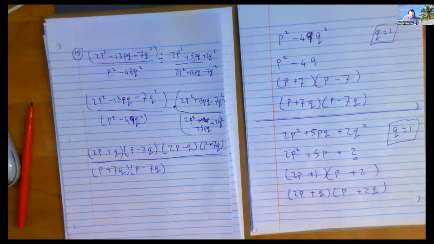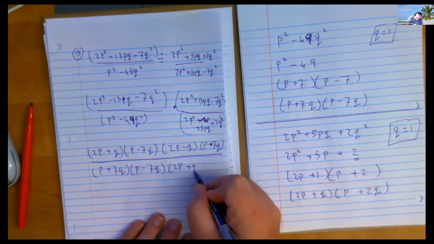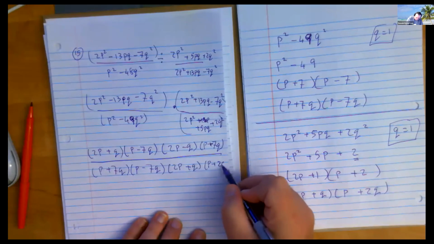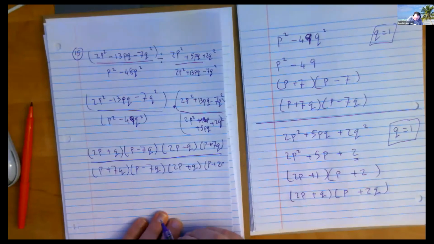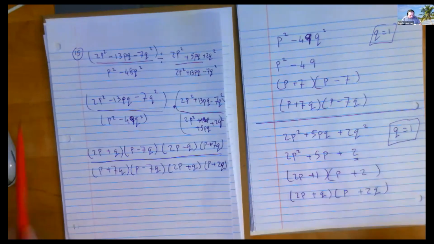So what we now have is 2p plus q and p plus 2q. Now, I hope after all this hard work that we at least get some cancelling, right? So I'll take this away because it's a distraction.